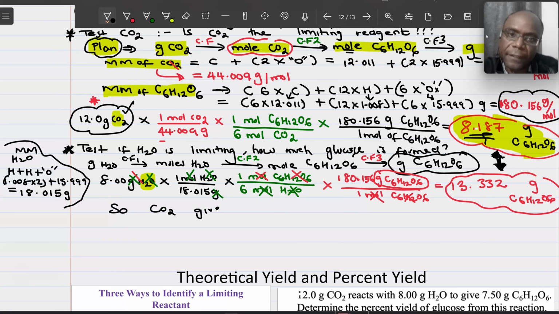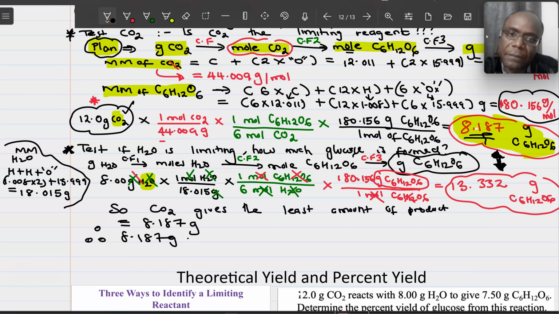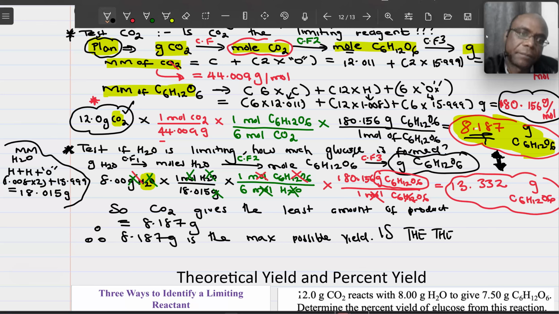CO2 gives the least amount of product, 8.187 grams. Therefore, we can conclude that 8.187 grams is the maximum possible yield from this reaction, and we call it the theoretical yield.